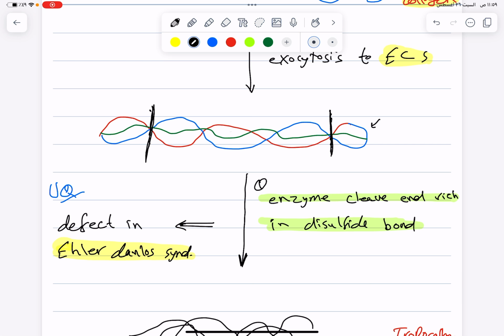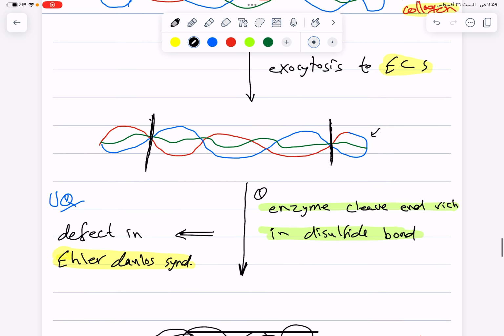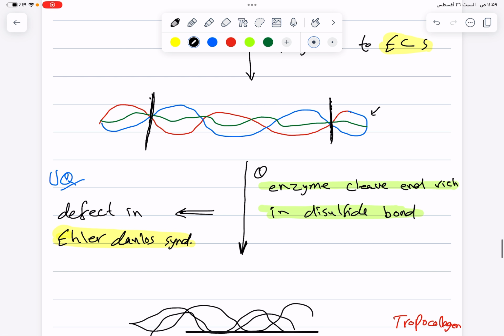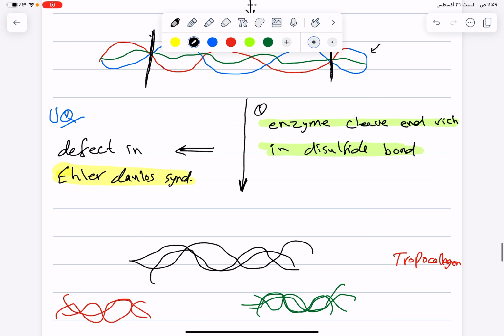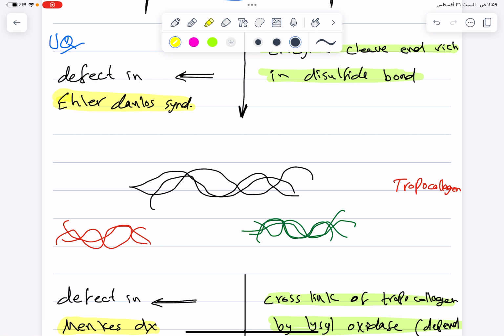This is also asked in UWorld. A defect in the enzyme cleavage of the procollagen or triple helix leads to Ehlers-Danlos syndrome. After the enzyme cleavage, we will have another structure called tropocollagen.